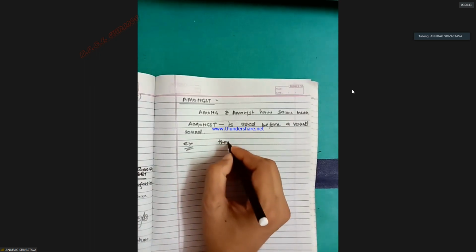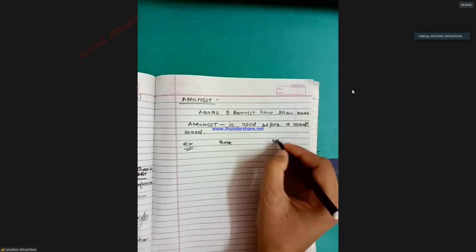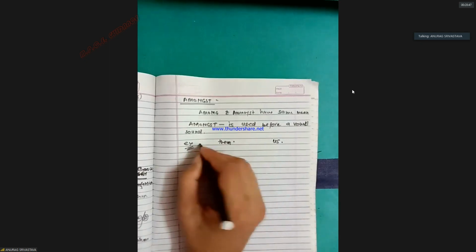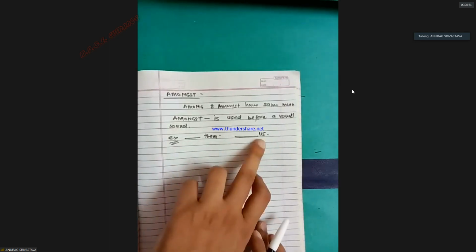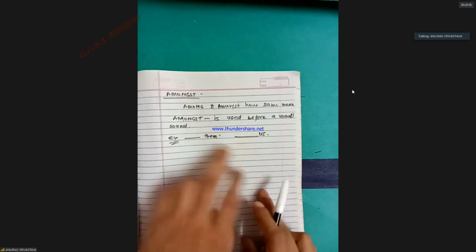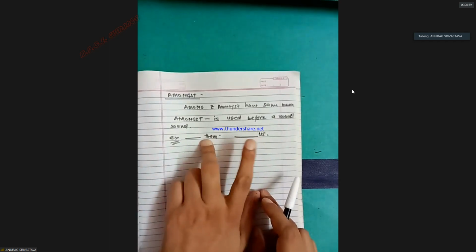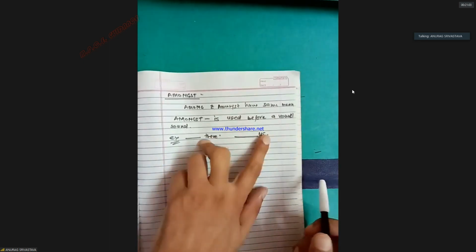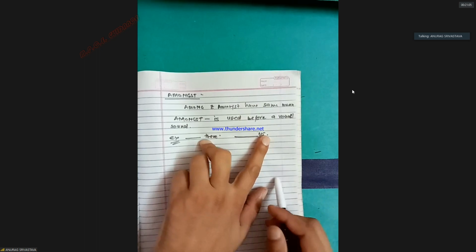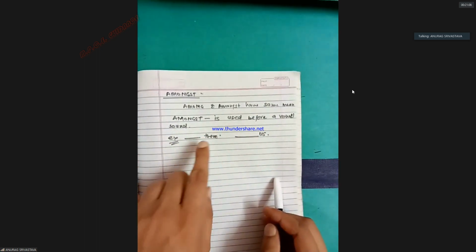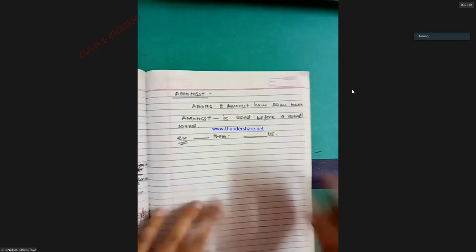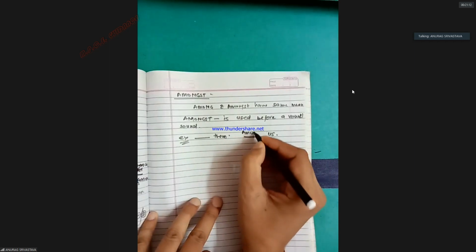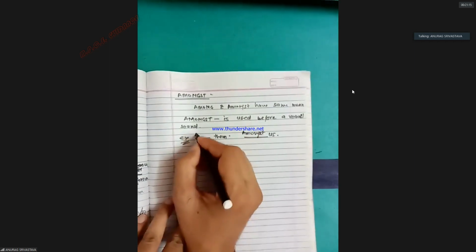Suppose we have them and us, and we have to place a preposition before them. Them has a consonant sound and us has a vowel sound. So amongst will be placed before us, and among before them.